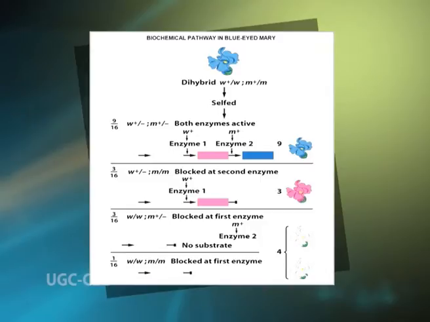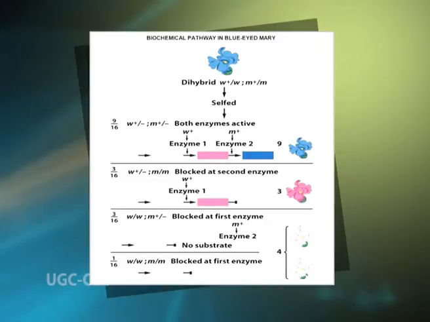In the second row, 3 flowers are magenta colored. Here the genetic constitution is W plus and M plus is absent. As a result, enzyme 1 alone is produced, which will culminate in the production of magenta color alone. And in the third case, 3 white flowered plants are produced, wherein the genetic composition is M plus.